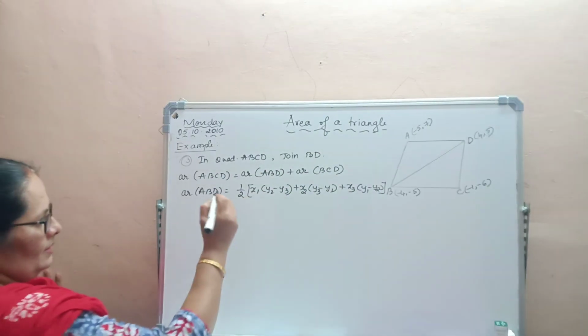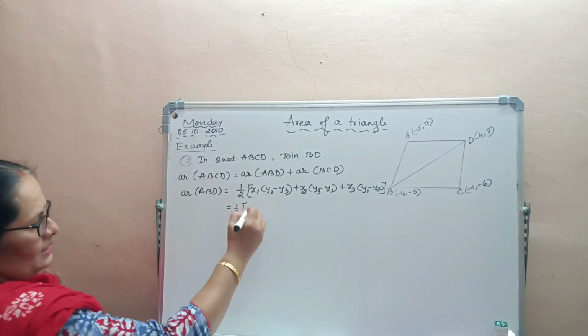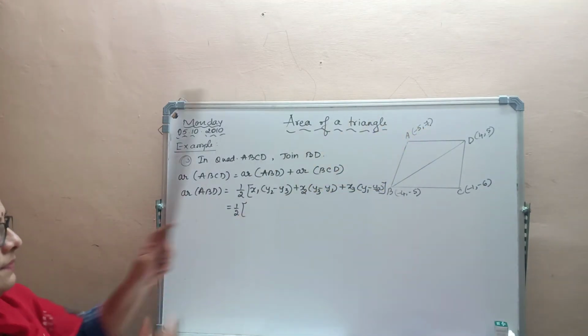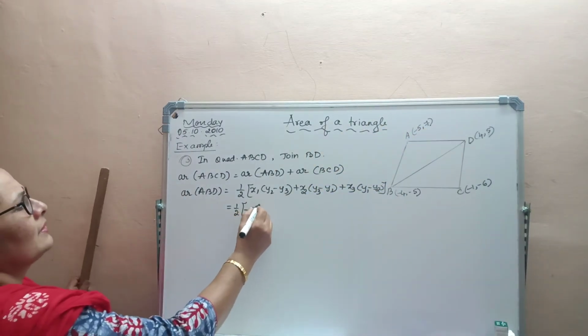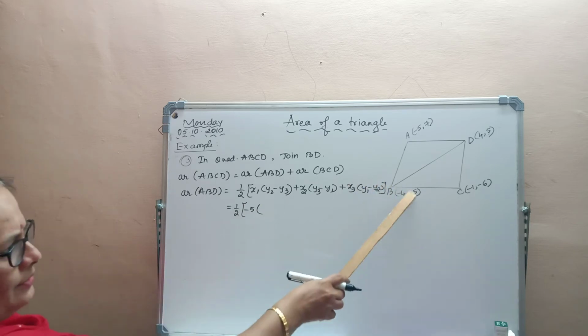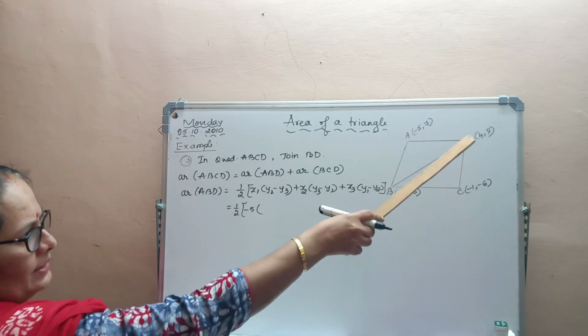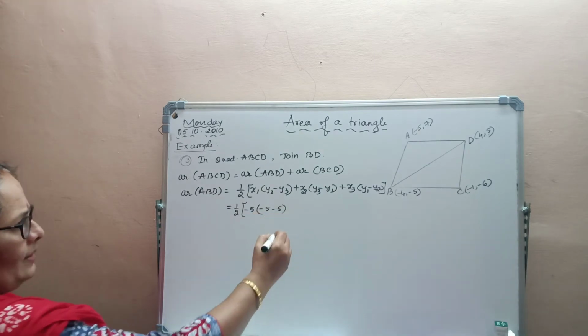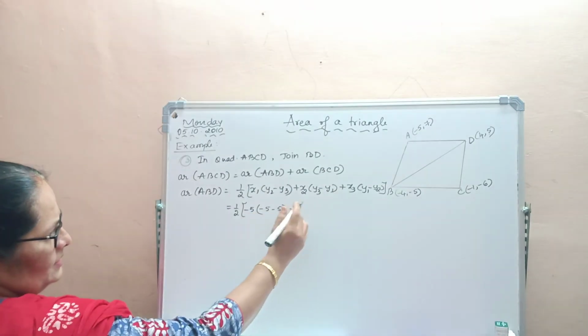Now here half into x1. So in this figure x1 is minus 5. Then y2 is minus 5, y3 is 5. So minus 5 plus x2 is minus 4.